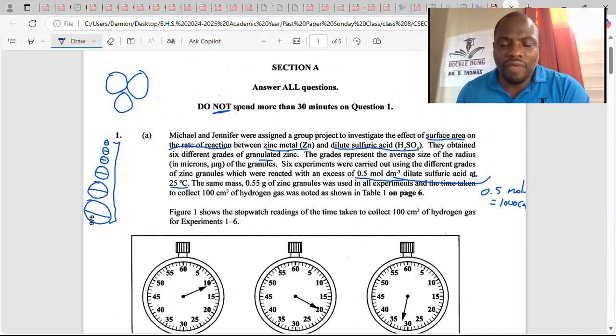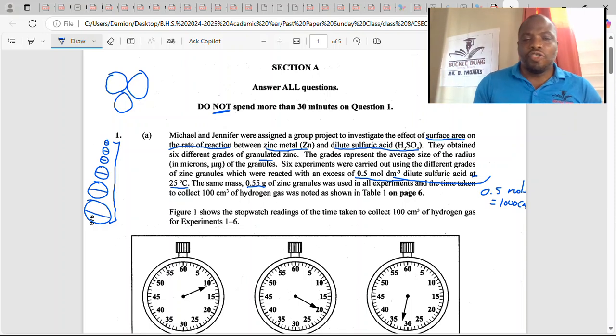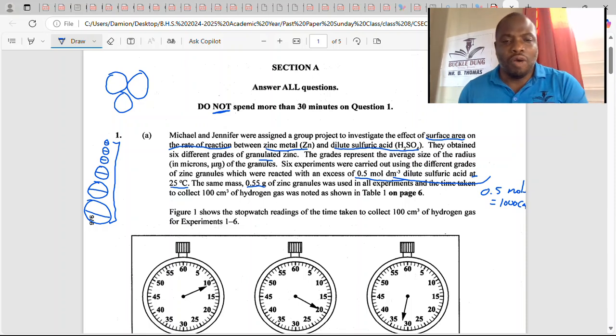So they have a set concentration and a set temperature, and the same mass. If you're doing an experiment and you want to ensure that things are set, all of them would have to be of the same mass. The mass would be which one of the variables? The control variable. Thank you so much.